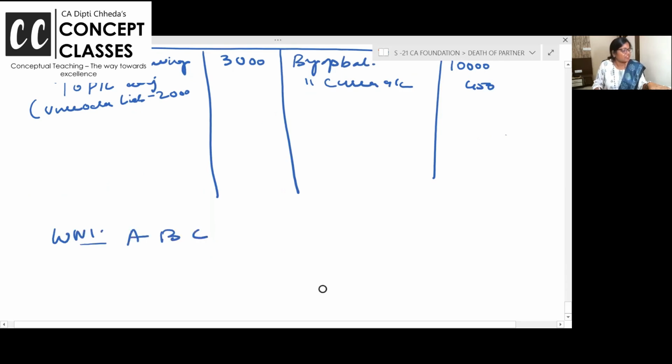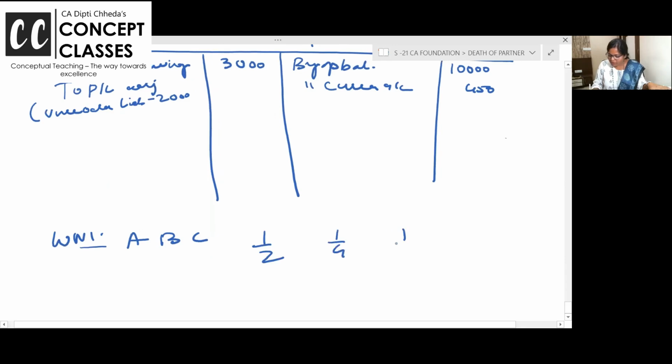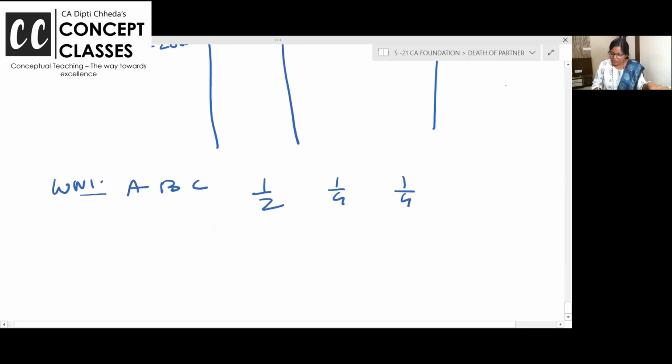A, B and C are sharing the profit. Half, 1/4 and 1/4. Can we multiply all by 4? So this is now 2:1:1.